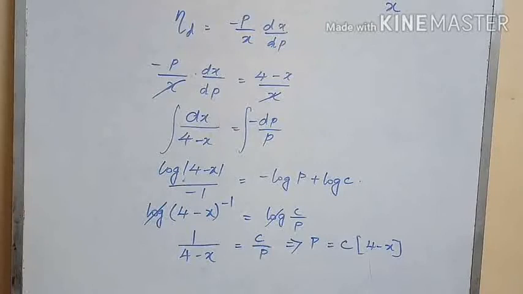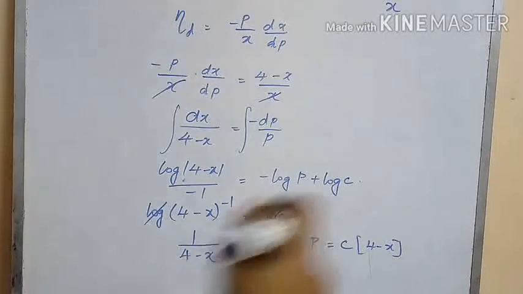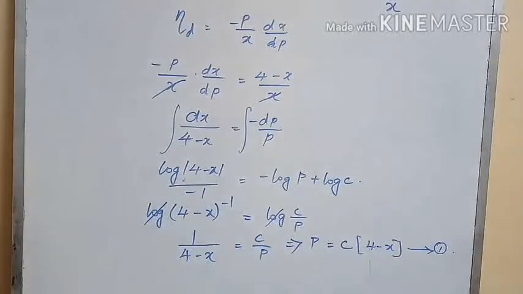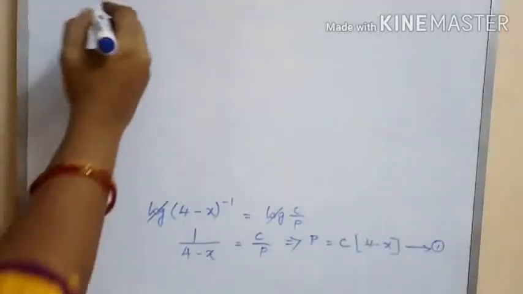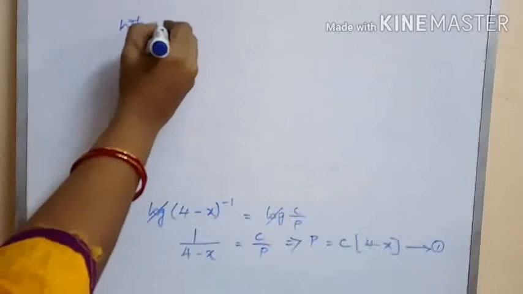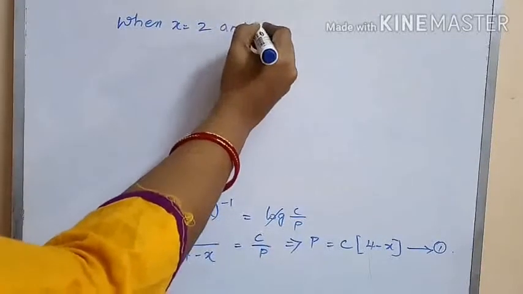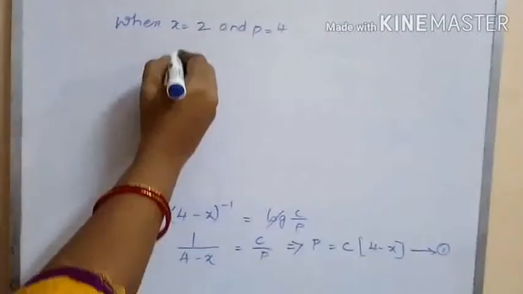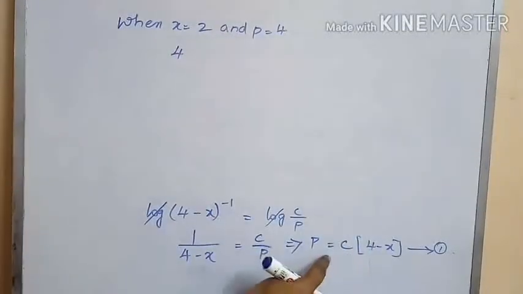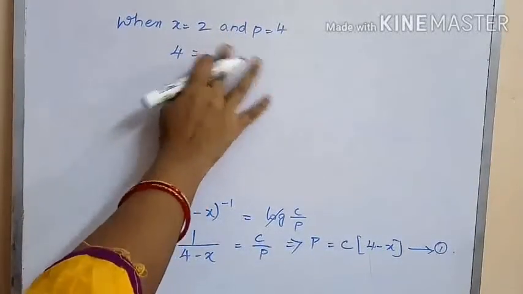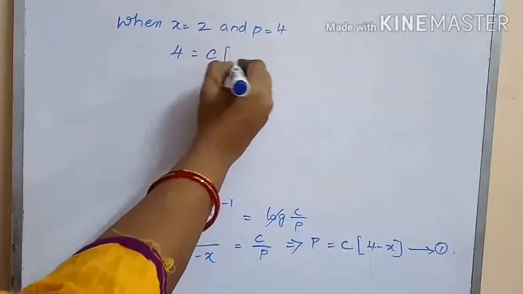We are asked to find the demand function when price is 4 and demand is 2. So let us substitute the respective values in 1. When x is equal to 2 and p is equal to 4, we get 4 is equal to c into (4 - 2).